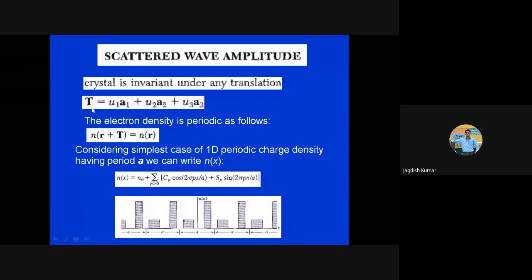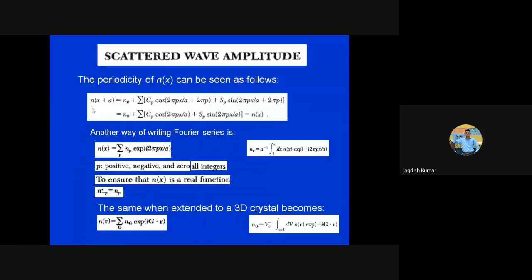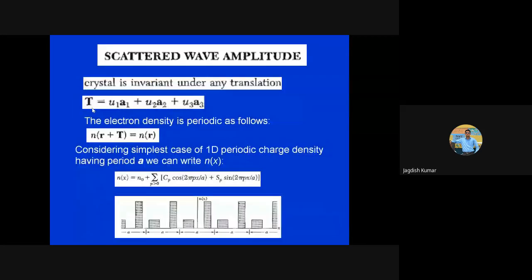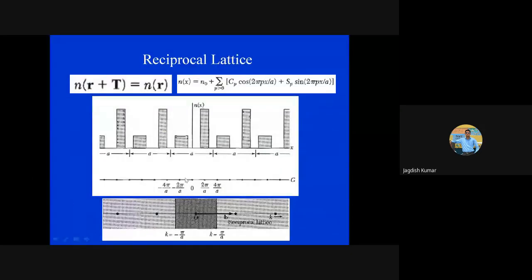Now you may ask, we were saying the periodicity is a, for 1D for example, then what do we mean by periodicity being defined by this vector, u1 a1 plus u2 a2? So let us think of the sine function.